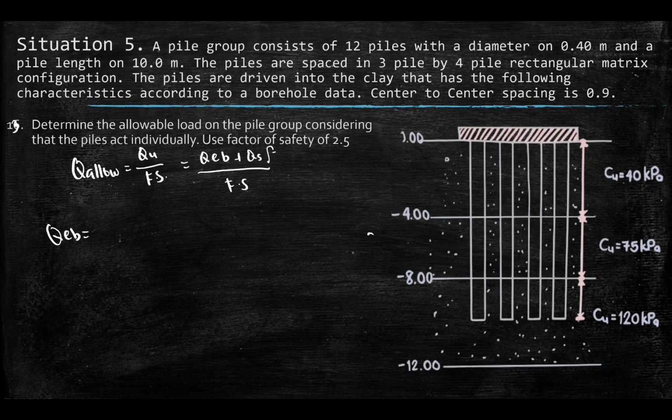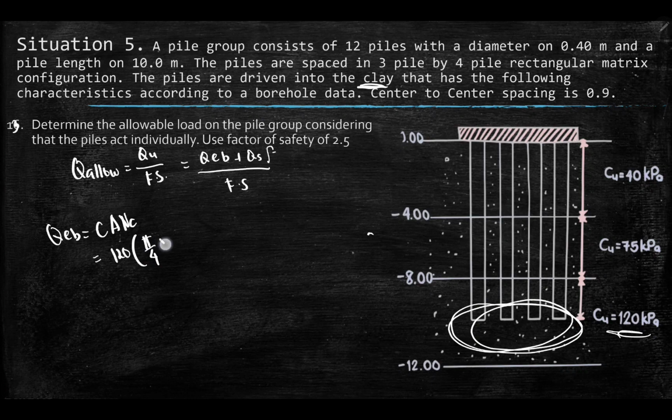Considering that it is in clay, then yung formula dyan is c Nc Ap. Then again, kapag nag-compute tayo ng end bearing capacity of the pile, ang consider natin is the pile depth. So, dito muna i-solve natin sila individually, or isa-isang pile. So, c Nc, ang gagamitin natin cohesion dyan, given naman na 120, times the area of the pile tip, which is just equal to pi over 4 times 0.4 squared.